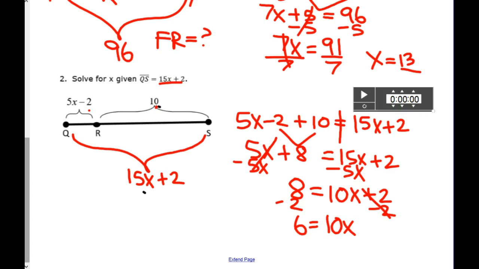To get rid of 10, what are we going to do? Divide. Now, if you type in your calculator 6 over 10, it'll probably tell you x equals 3 over 5. It'll reduce the fraction for you. If you hit Control Enter, it'll probably tell you 0.6. But basically the answer is not a whole number.